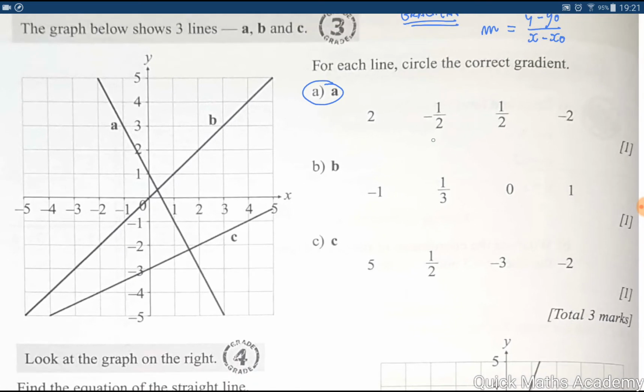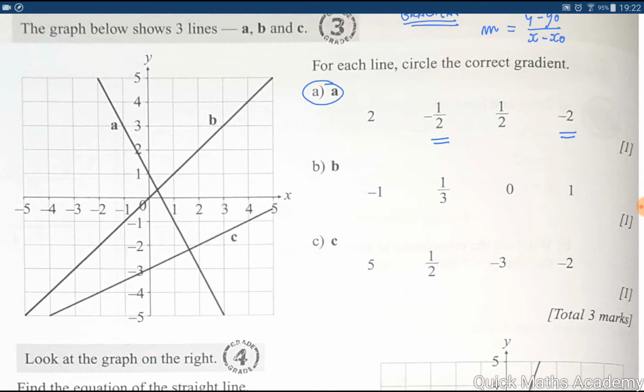So it can only be this one or this one. It can never be positive, because if it is positive, then the inclination should go up, and in line A the inclination is going down, so the gradient must be negative.